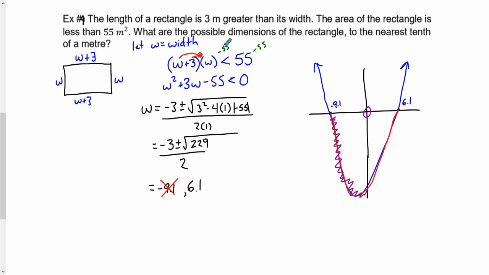So the possible answers to the nearest 10th, possible dimensions, is that our width would have to be between 0 and 6.1. Now, the width can't actually be 0, though.